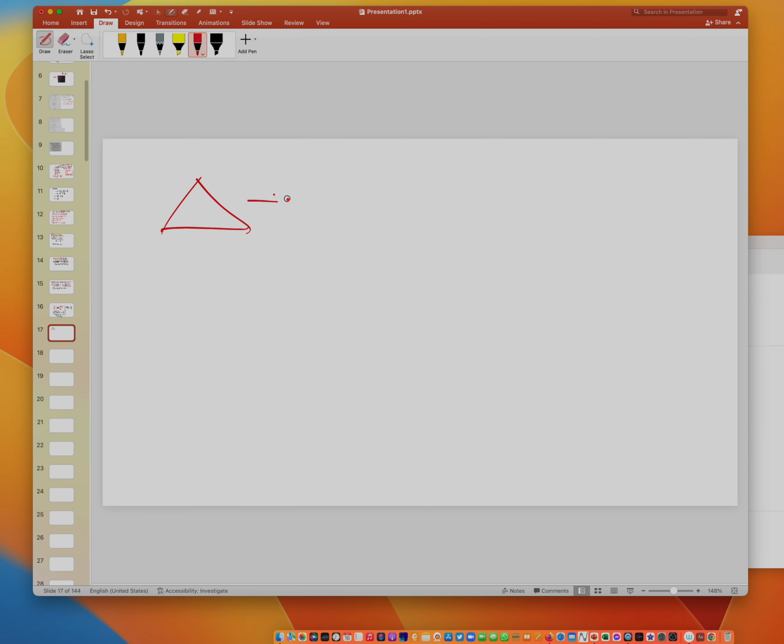A triangle has 3 sides. What's the sum of the interior angles? They add up to 180. Okay, good. Sum of interior angles. Interior means inside, this one. Not internal, interior. 180.